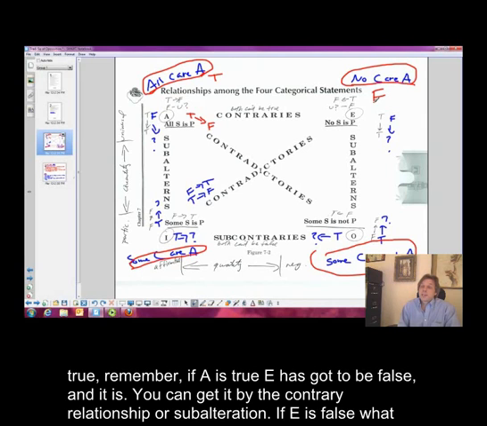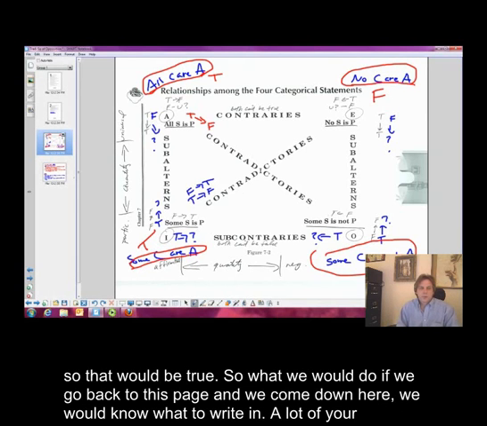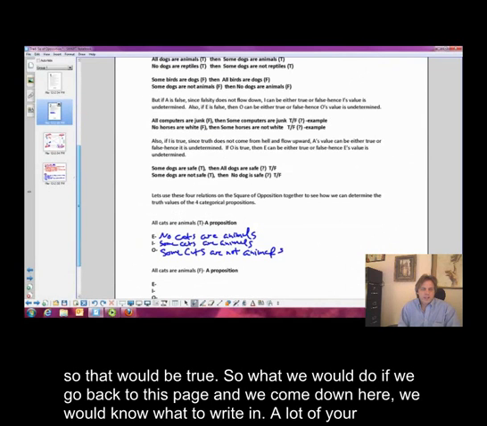If E is false, what does that make I with the contradictory relationship? True. But we could get it this way. If A is true, truth floats down from the heavenlies, right? So that would be true. So if we go back to this page, and we come down here, we would know what to write in.